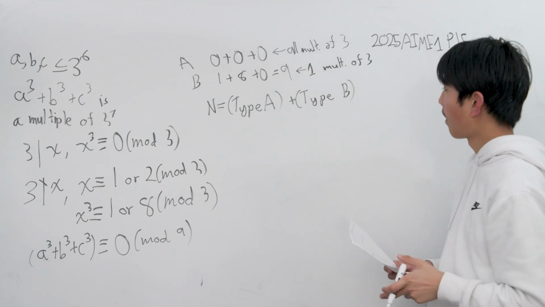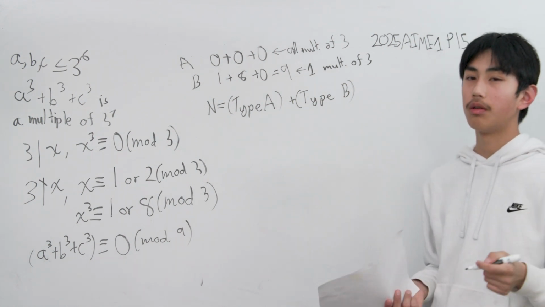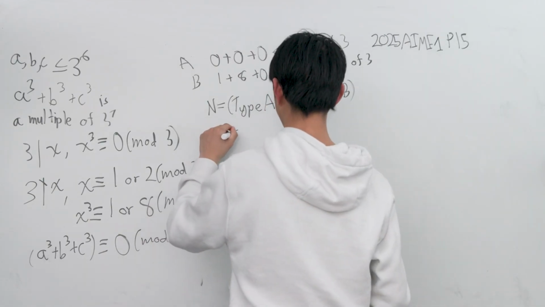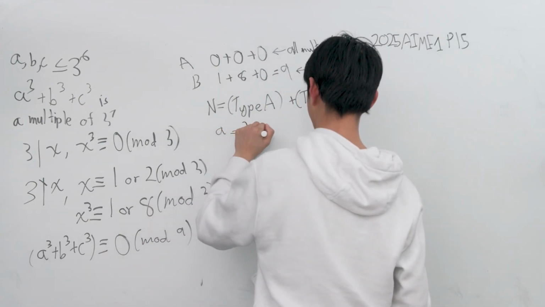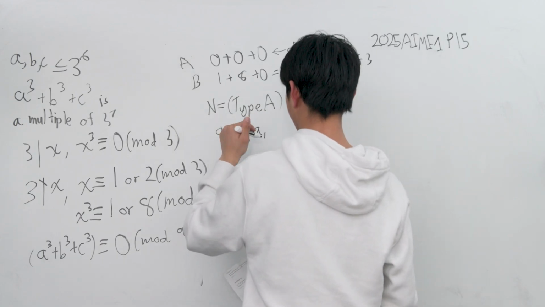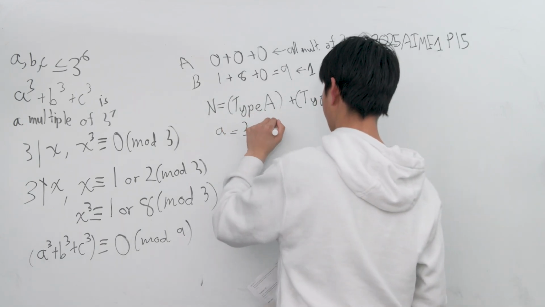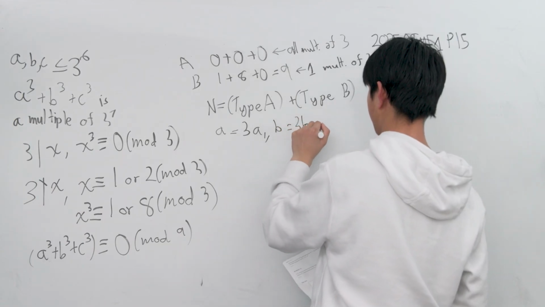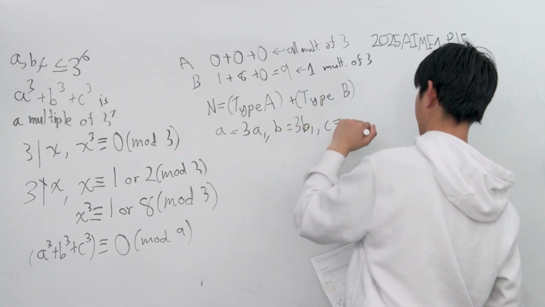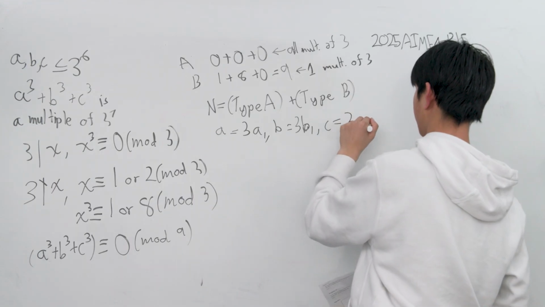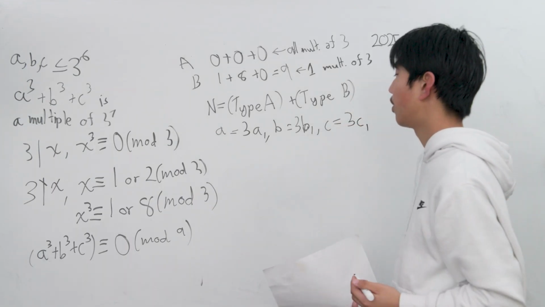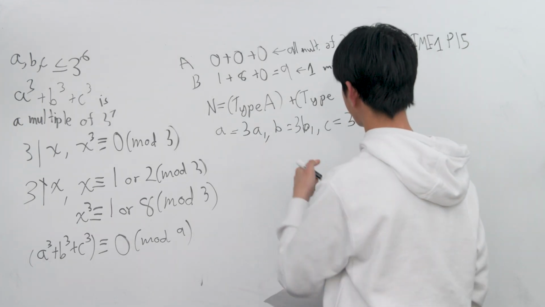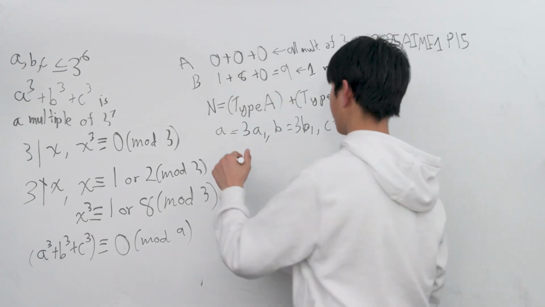So we can just keep on going down with this. We let a equal 3a1, b equals 3b1, and c equals 3c1. Now, we know that a cubed is 27 times a1 to the power of 3, so we can take out that 27.